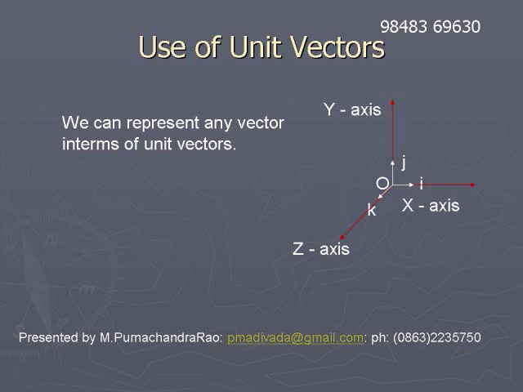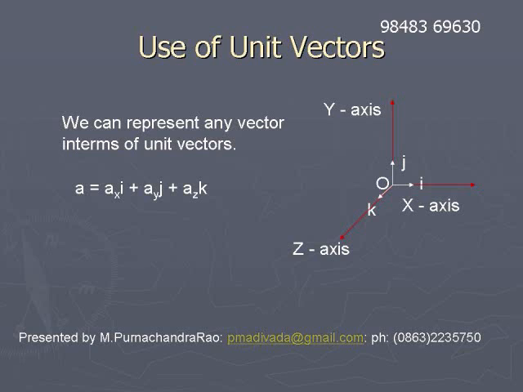Use of unit vectors. How are the unit vectors useful? The unit vectors are useful in representing a vector in terms of its components: x component, y component and z component. If there is a vector a bar whose x component is ax, y component is ay, z component is az, these are scalar quantities. Then the vector component along the x-axis is written as axi.